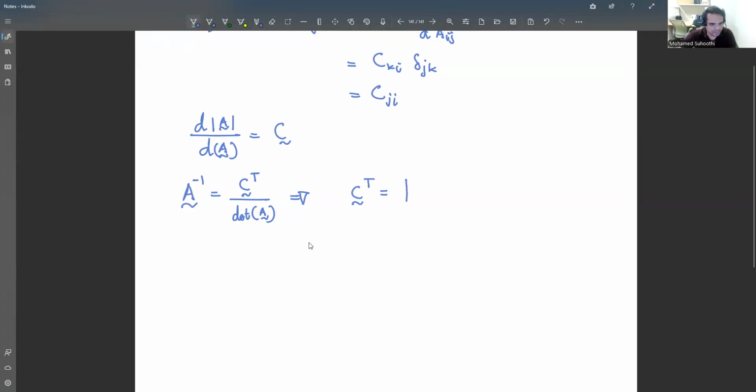So C is, if I take the transpose, determinant of A is a scalar, just a number, so you will get the same. The transpose of the inverse, we can write like this. So this is actually the inverse transpose.